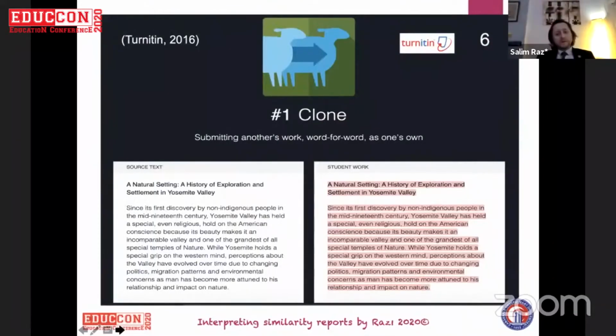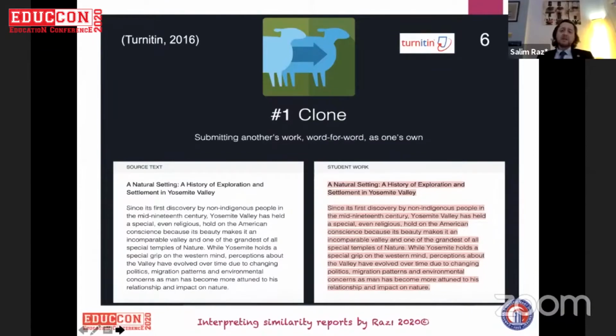Here, the first example coming from Turnitin, they call it clone plagiarism, clone type of plagiarism. You see the source text on the left hand and you see the student work on the right hand. And we see a complete match between the student text and source text.